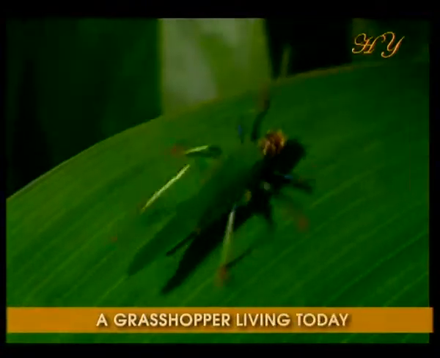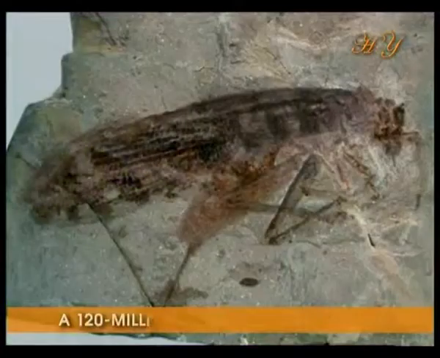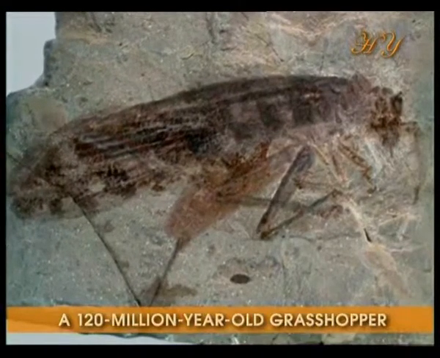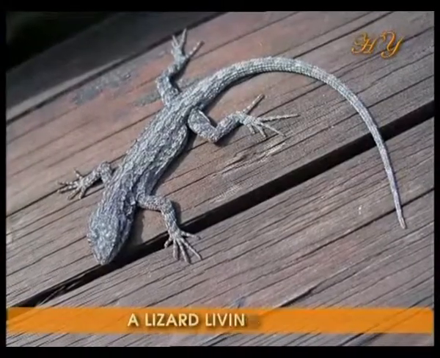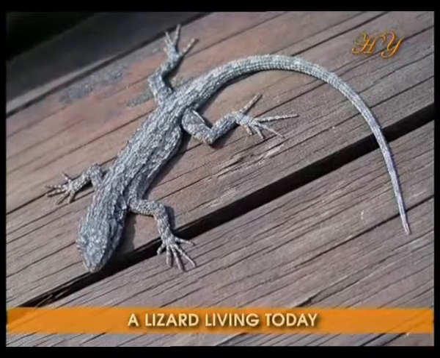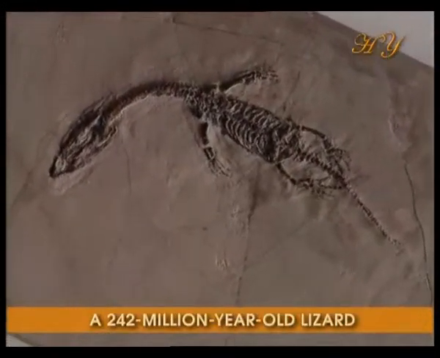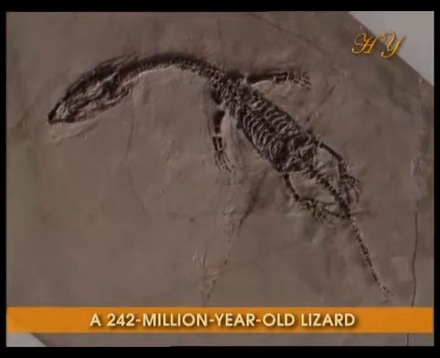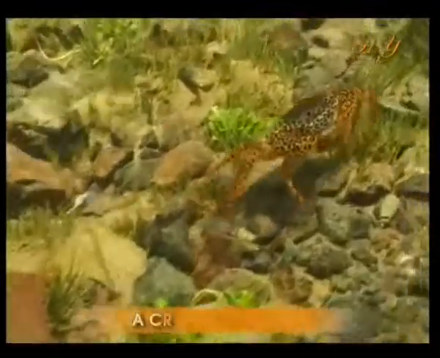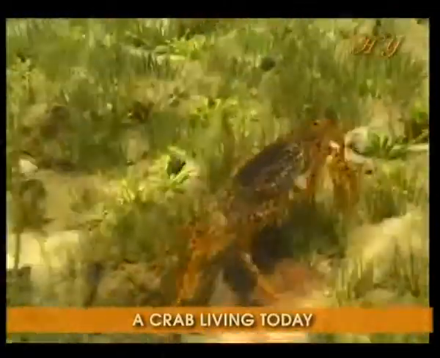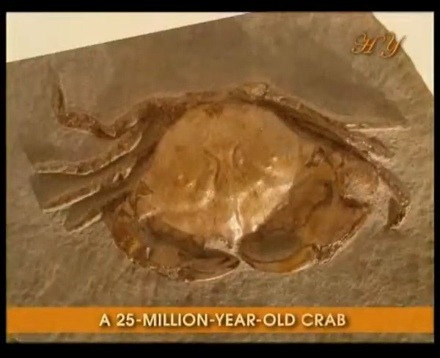For example, present-day grasshoppers are in all respects the same grasshoppers that lived 120 million years ago. Today's lizards are exactly the same as the lizards of 242 million years ago. In short, living things are exactly the same today as they were millions of years ago in the past.